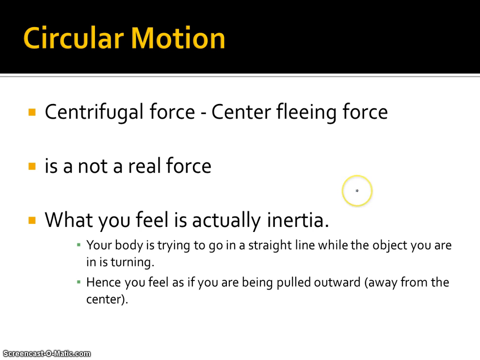The center-fleeing force is called the centrifugal force. This is not really a real force, and we'll talk about this in just a second. So as David was spinning that rock above his head, that rock wanted to fly away. He had to use a force to keep it in the pouch as he was spinning it. That rock wanting to fly away is what we would call the centrifugal force.